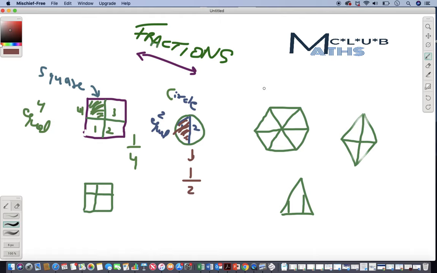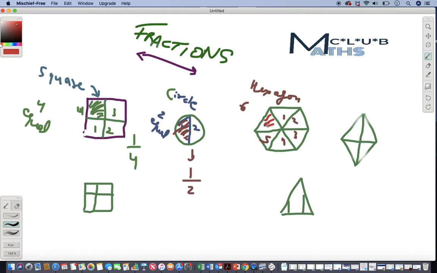Now we have this hexagon because it has 6 sides, right? So we are saying that it is a hexagon with equal 6 sides. Okay, so 1, 2, 3, 4, 5, 6, and they all are equal sides, 6 equal parts. So let's shade two of them, any two of them.